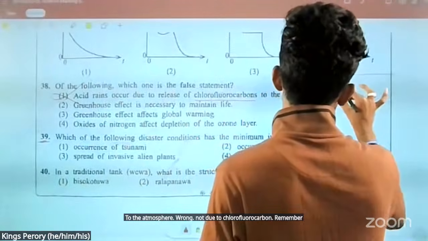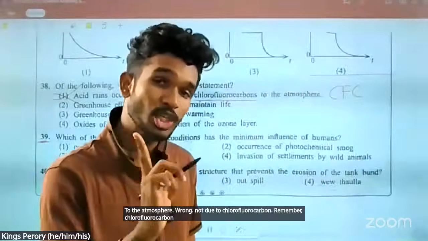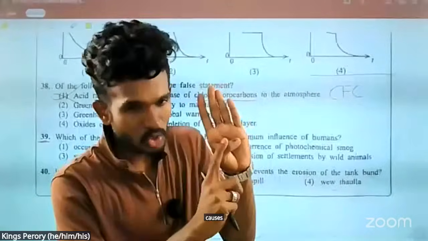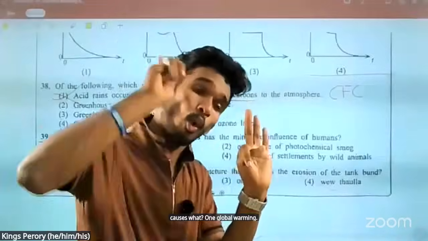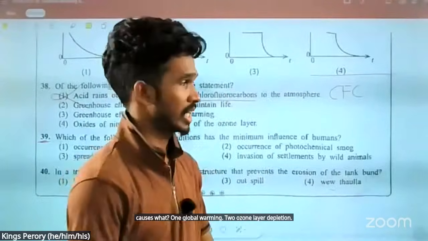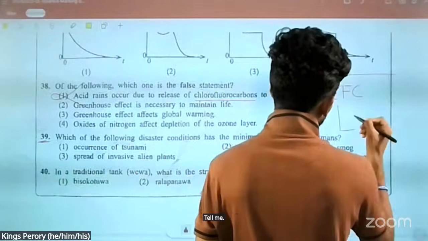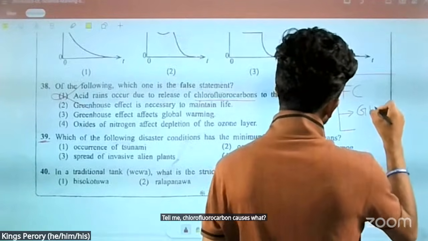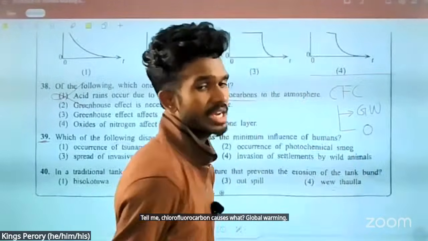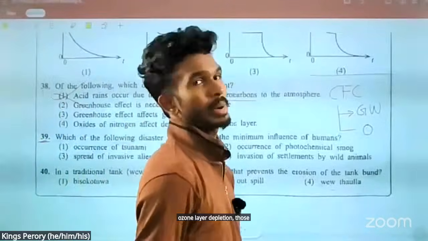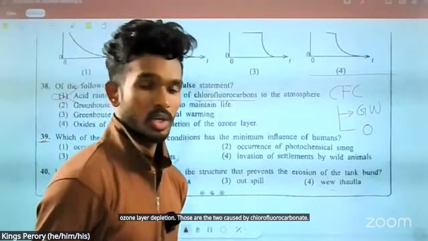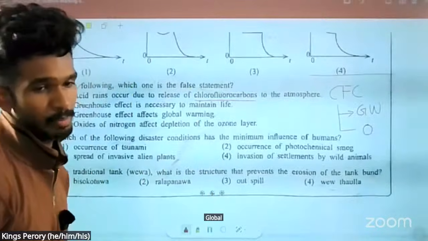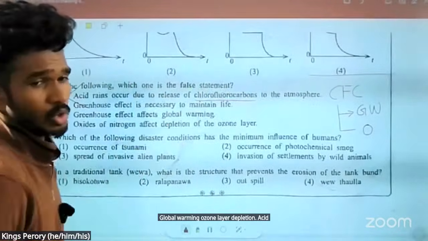Remember chlorofluorocarbon, CFC. It causes what? One, global warming. Two, ozone layer depletion. Those are the two caused by chlorofluorocarbon. Acid rains are not due to chlorofluorocarbon.